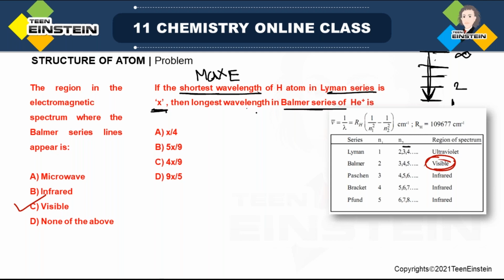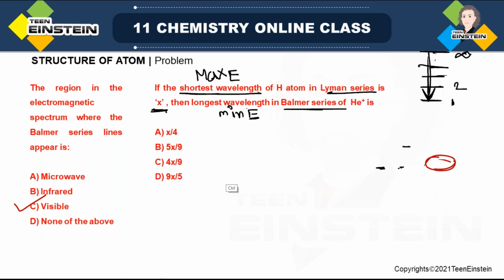Now for Balmer series, longest wavelength means minimum energy you have to consider. Okay, so 3 to 2, 4 to 2, 3 to 2 obviously minimum energy. So now you have to put n1 is 2, n2 is 3.